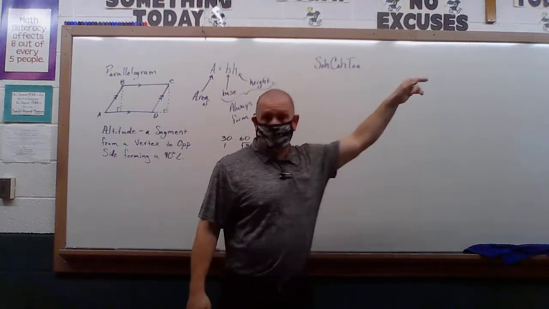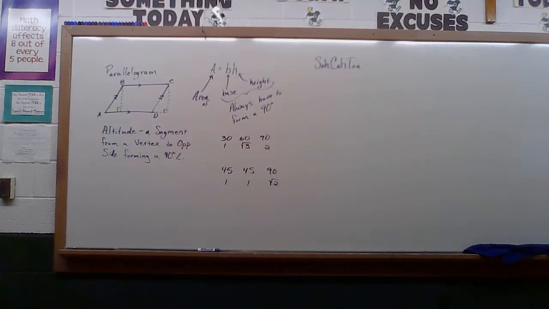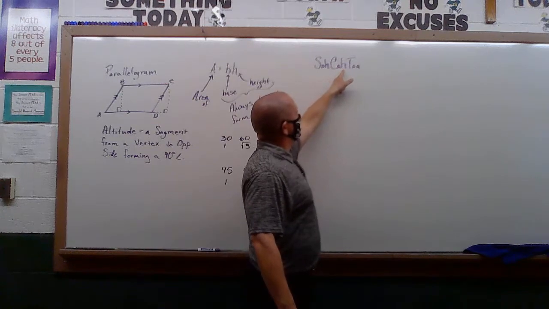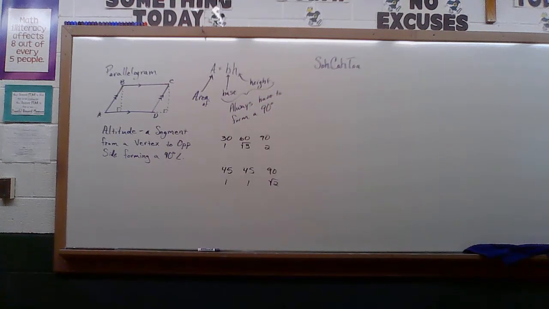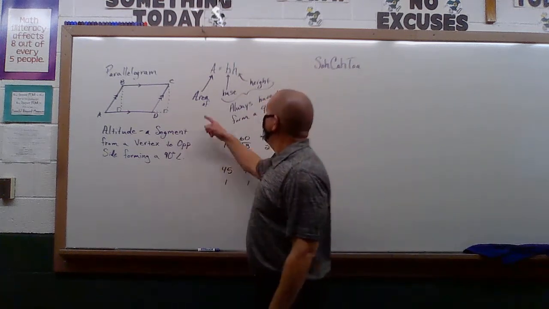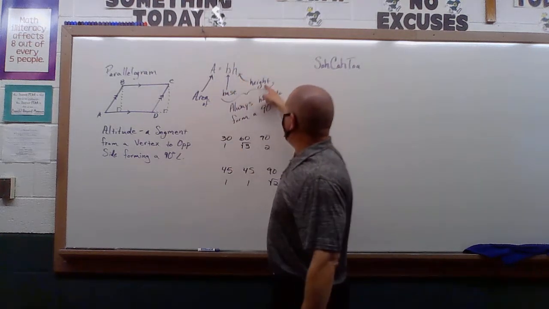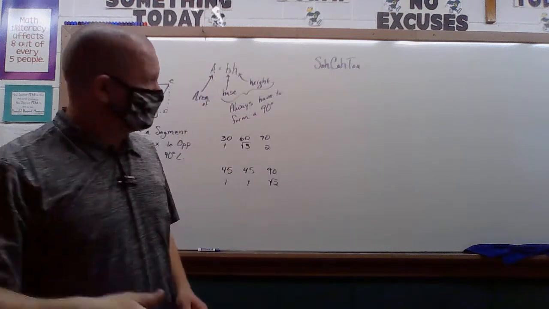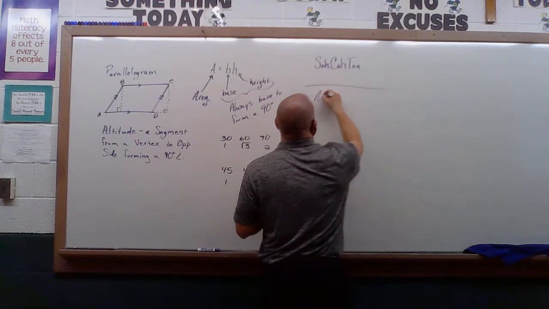The lowercase letters are my sides that I could use to form those ratios. All right, remember, opposite over hypotenuse, adjacent over hypotenuse, and opposite over adjacent. Okay? So for a parallelogram, we're going to use A equals BH, where my H is really my altitude. Good with that? So from there, then we talk about the area of a triangle.